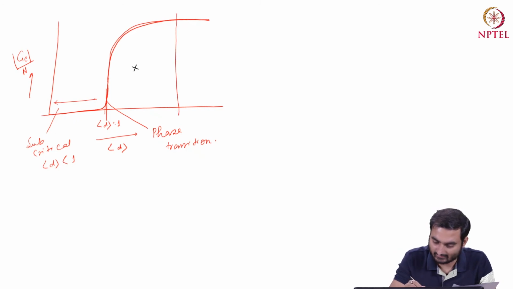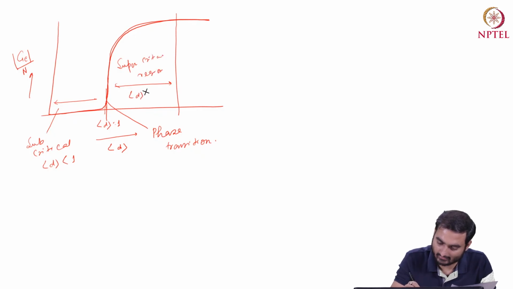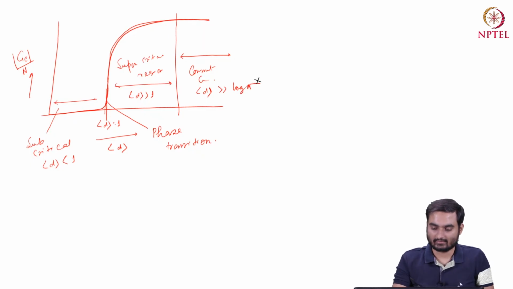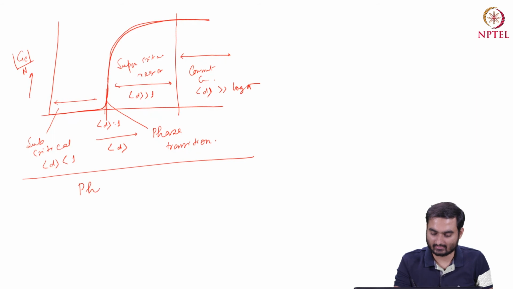Then this part is called the supercritical region, where mod d is greater than 1, and this part is called the connected regime, where mod d is greater than log of n. And this kind of diagram is called a phase transition diagram.